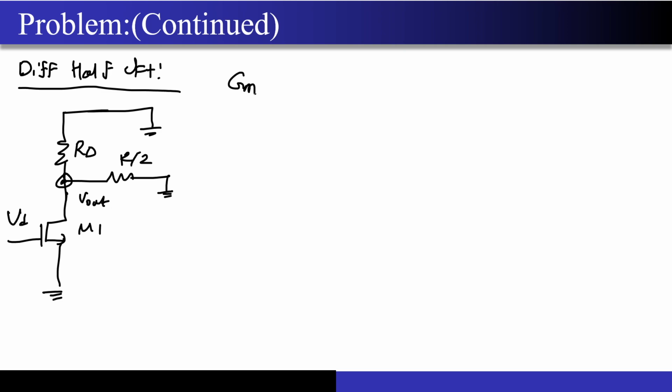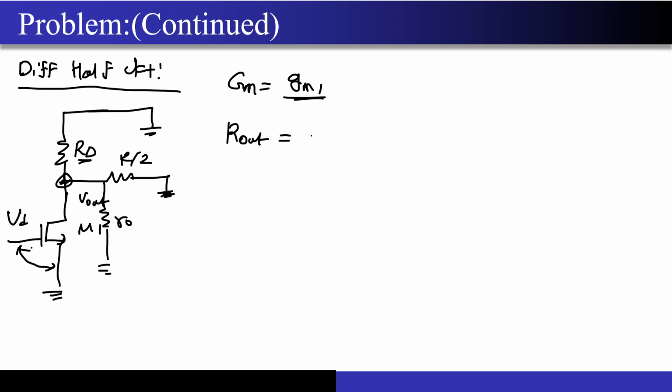So now if you look, the GM of this circuit is exactly GM1, because all the VGS is actually getting applied across the gate and source terminals of the MOSFET itself. Now if I look at the R out, from this particular point I have one resistance R by 2 to the ground, from this point again I have an RD to the ground, and from this point I have RO to the ground.